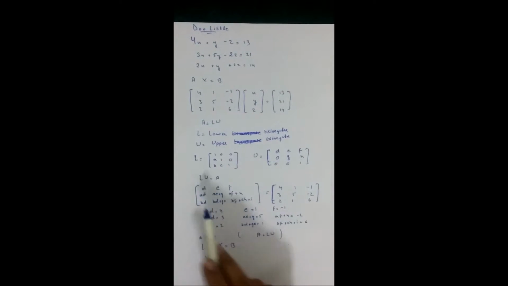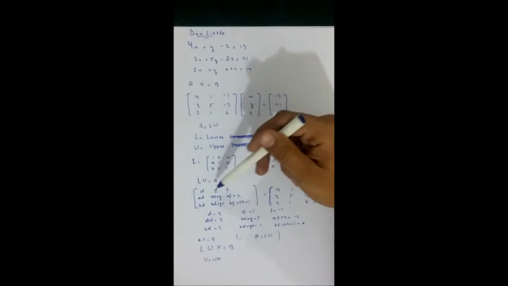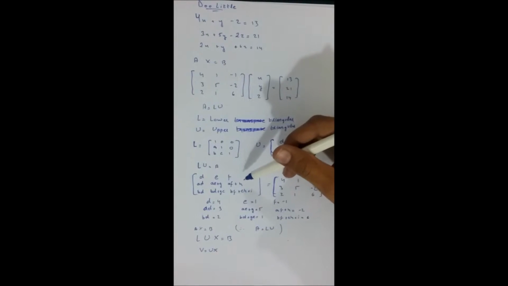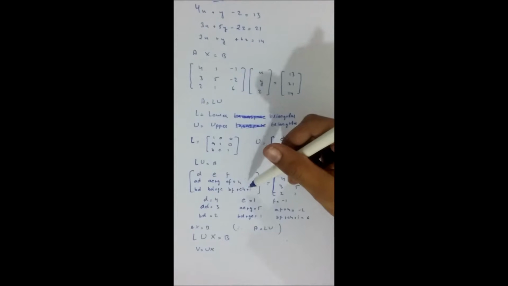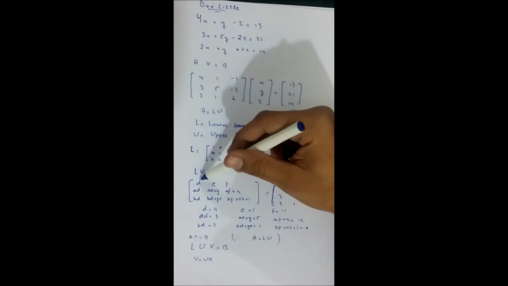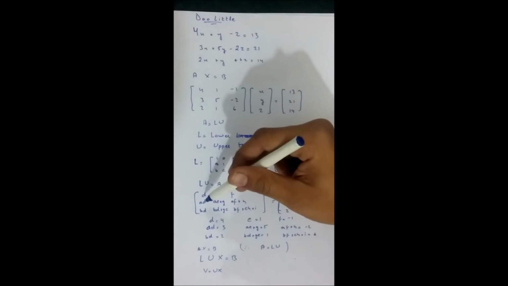The product of this L and U is equal to A. The product is given as D, E, F; AD, AE plus G, AF plus H; BD, BE plus CG, BF plus CH plus I. By equating it with the matrix A, we know that the value of D is 4, E is 1, and F is minus 1.